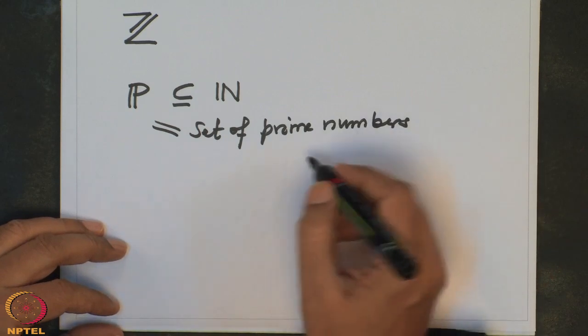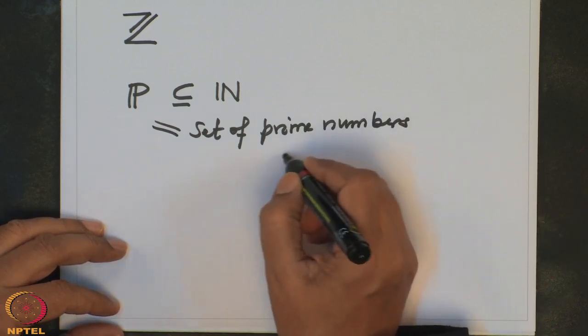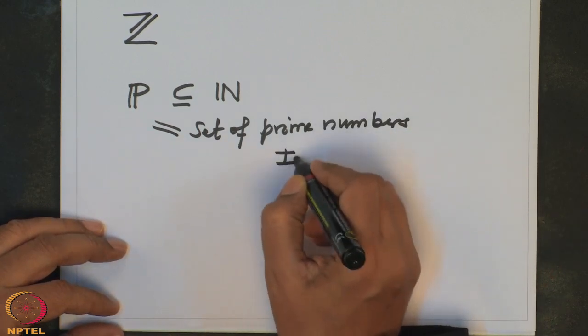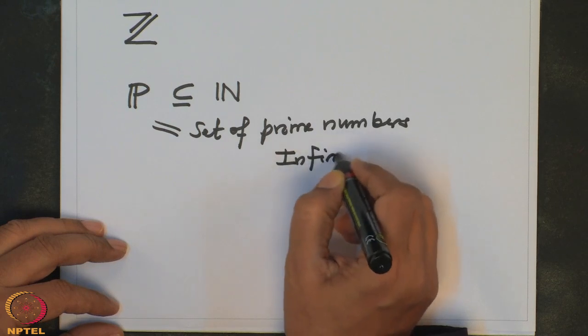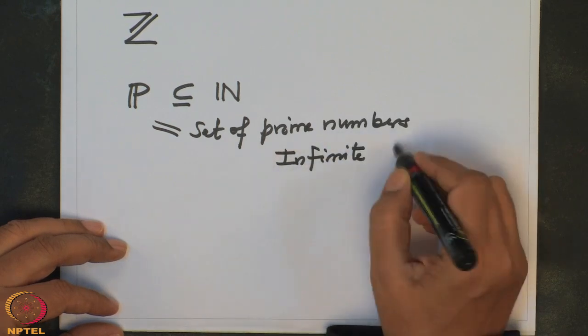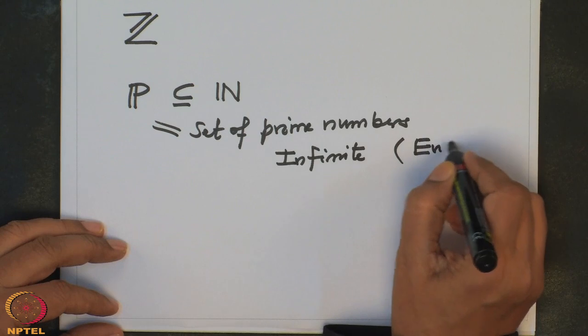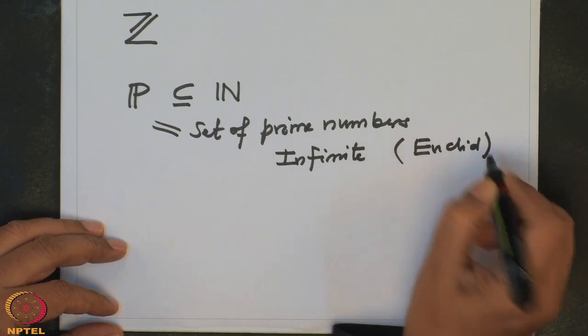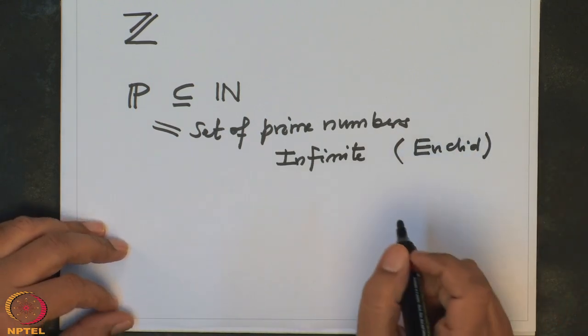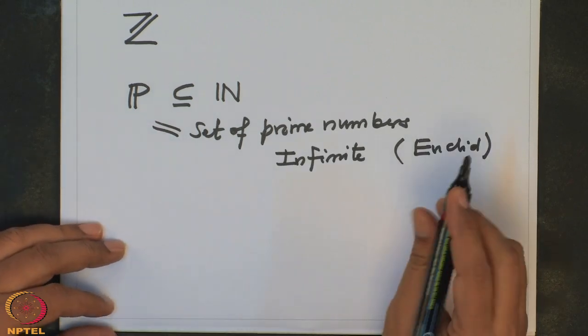We have seen that this set is infinite, by Euclid's proof, that there are infinitely many prime numbers.